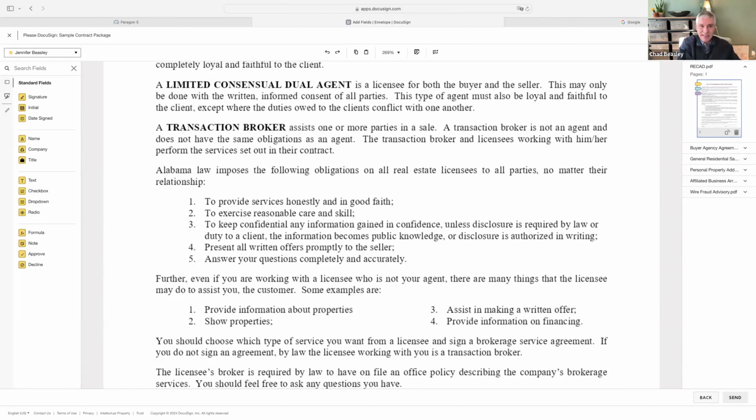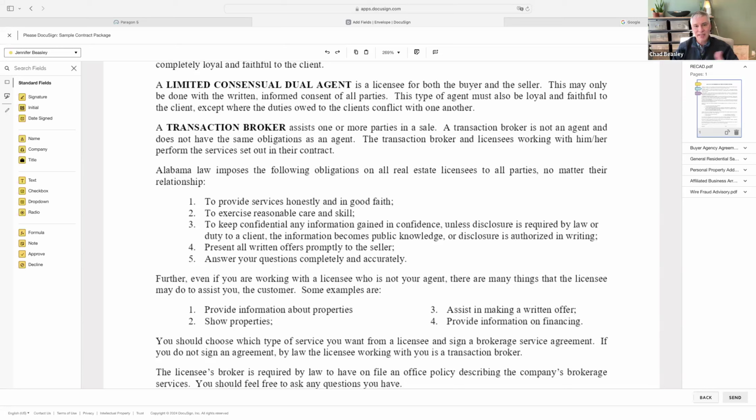Well, I already had an existing relationship with that seller and I'm representing them. So you can do buyer's agency with that buyer, but typically I'll do transaction broker for that buyer and I'm an agent of the seller because I already had loyalty and a fiduciary relationship in place with that seller to begin with, and I'm just facilitating the transaction for that buyer.